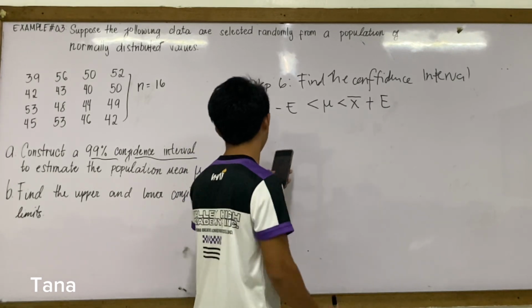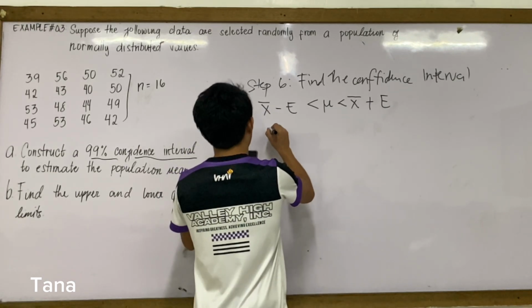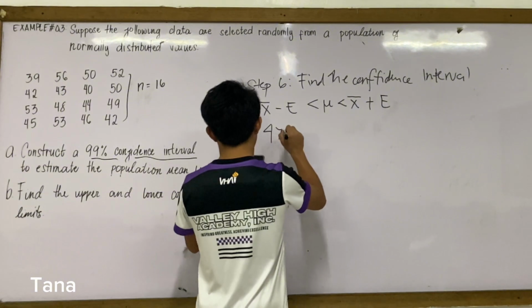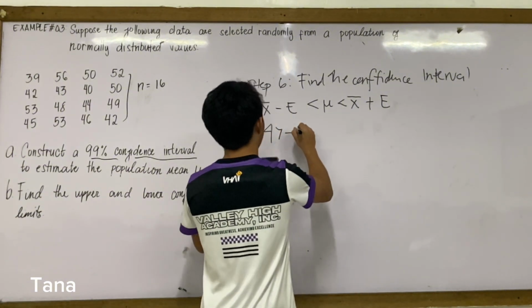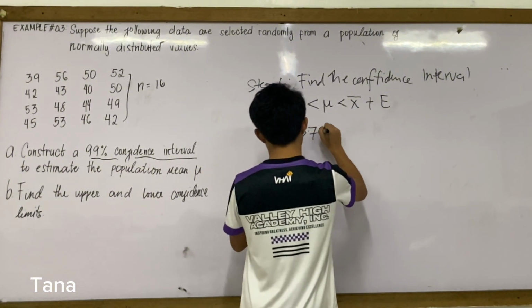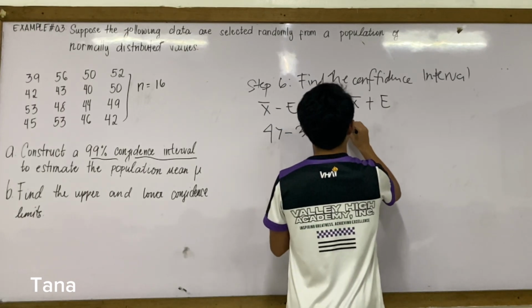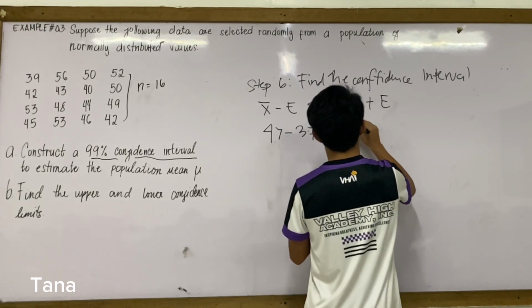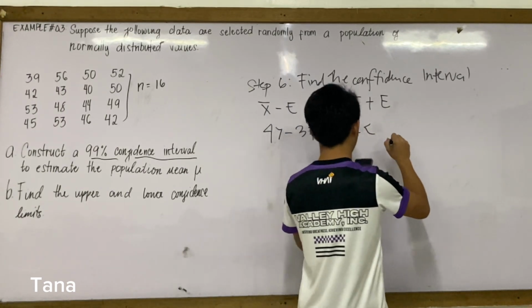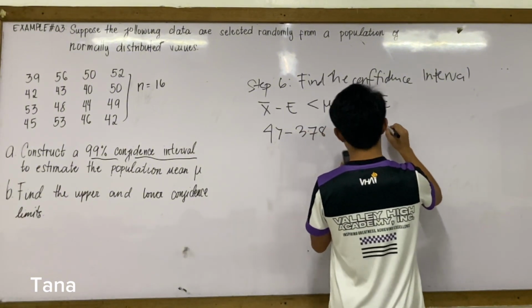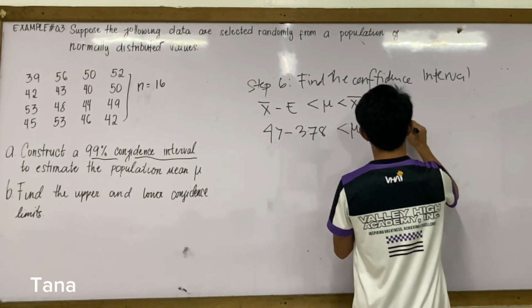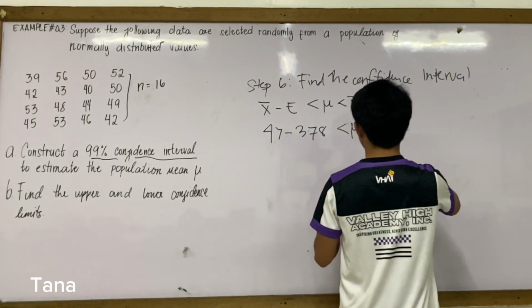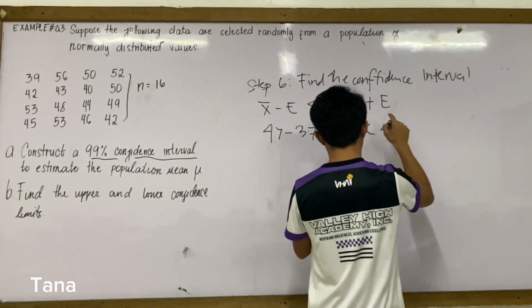Our sample mean is 47 and our margin of error is 3.78. So, 47 minus 3.78 is less than the population mean, which is less than 47 plus 3.78.